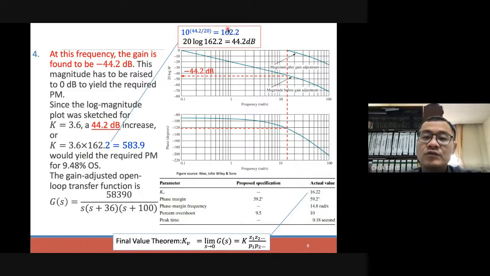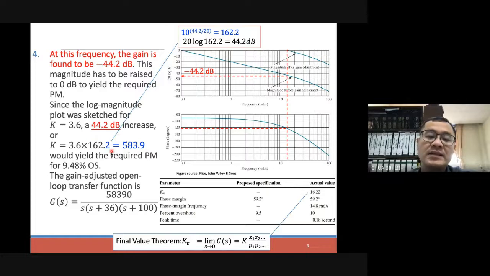This gives us 162.2, from this magnitude equation. This is our unknown. So this would be the gain that we would need to put in to get 44.2 dB.